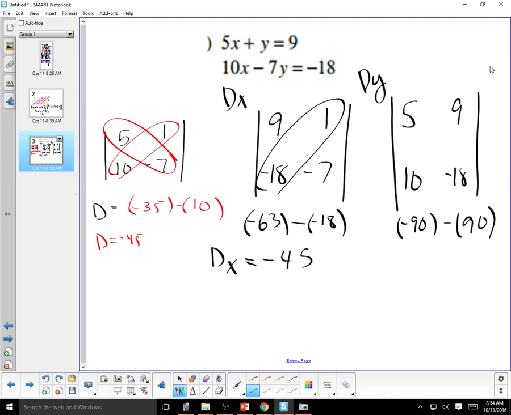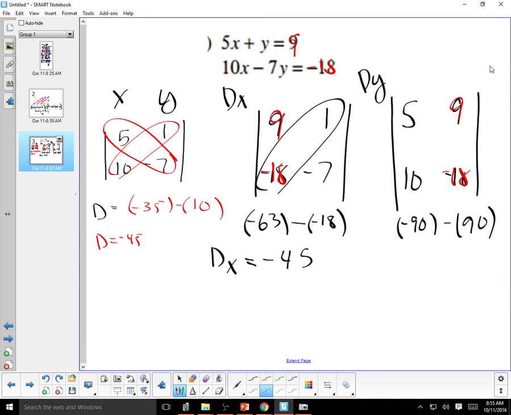All you do, like, in the first column, well, it doesn't matter really, does it? Which order? The first one, yes, it does. You want x's here, y's there. When you get to the dx, the x column becomes the solutions, and the y column stays the way it is. When you do dy, the y's become the answers, and the x column stays the same.